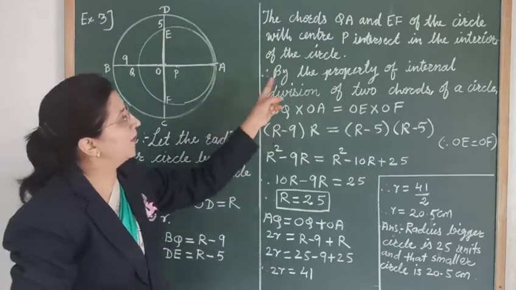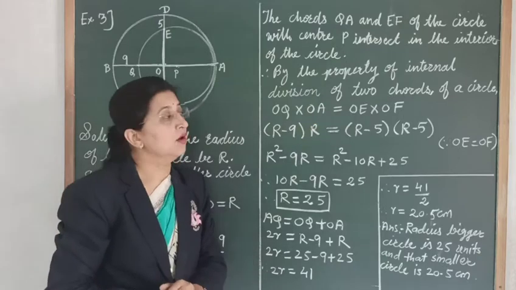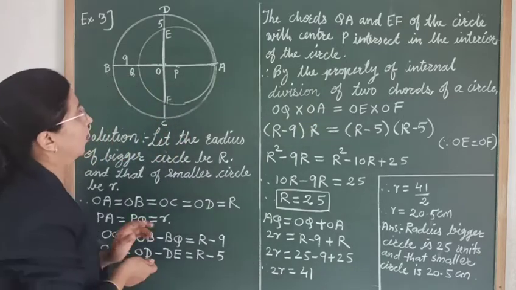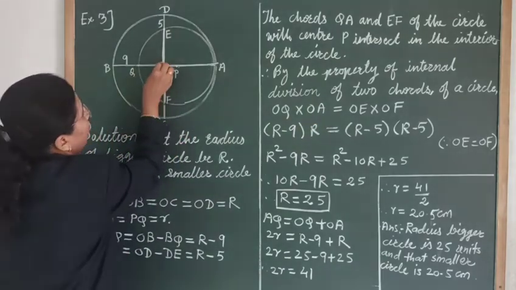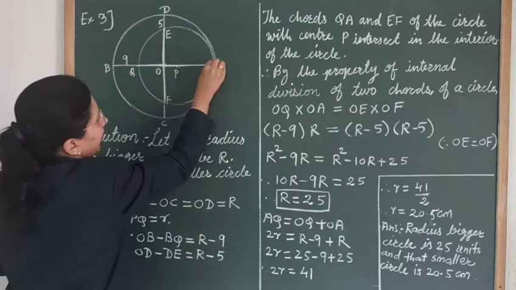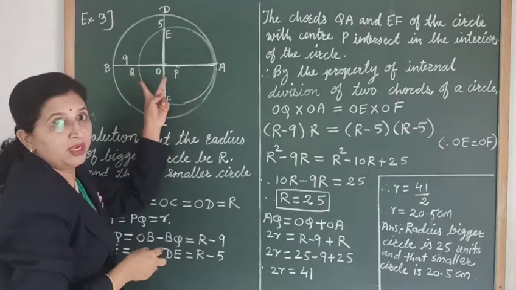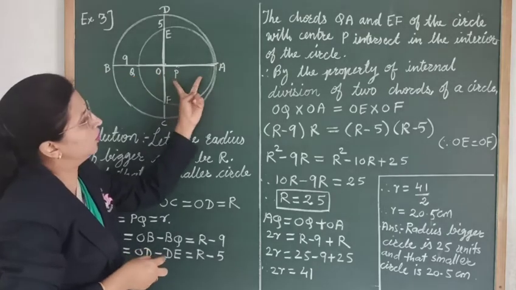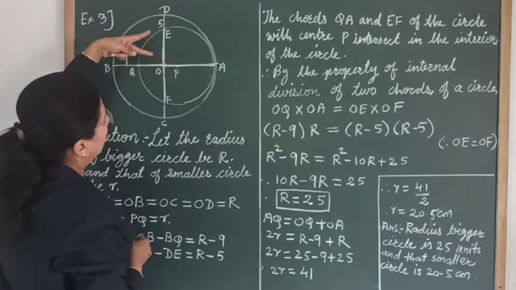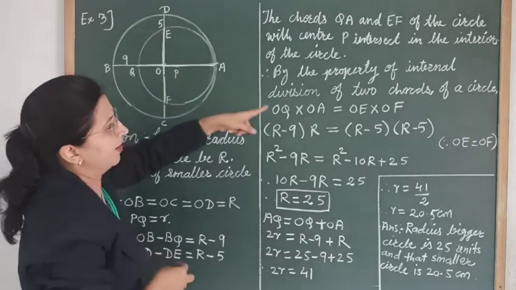Therefore, by the property of internal division of two chords of a circle, OQ into OA, the segments of one chord, is equal to OE into OF.